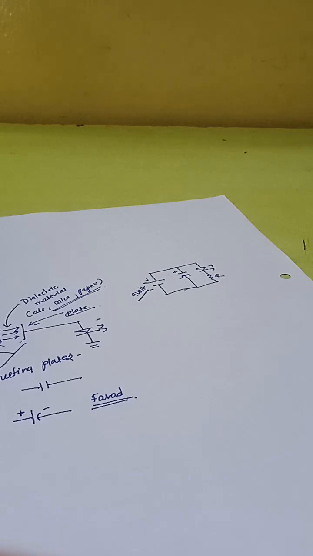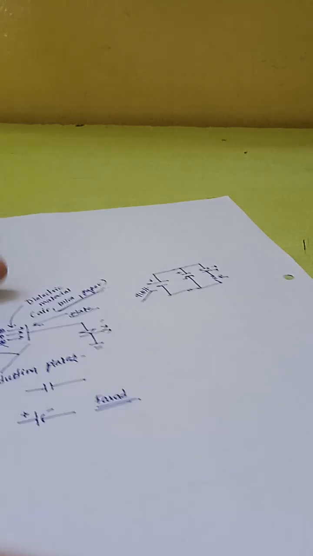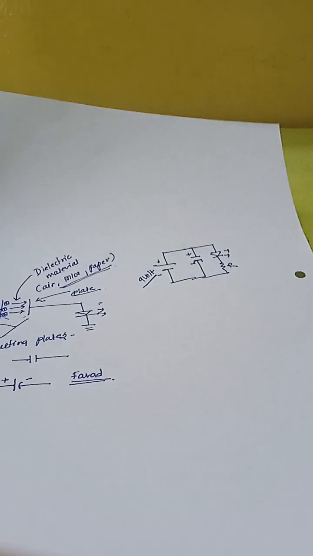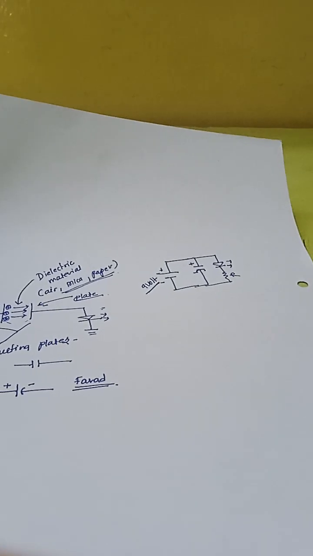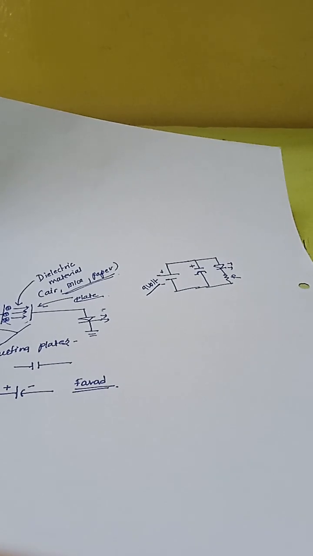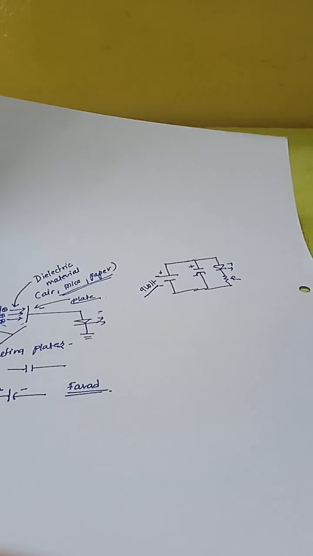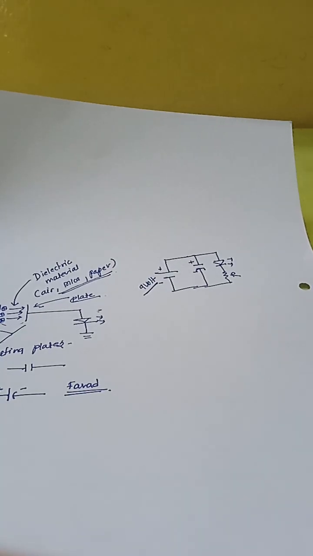Now, what is the main purpose of the capacitor? Its main purpose is to store electric charges. And you know about capacitance, right? Capacitance is the ability of the system to store charges, or the charge required to change the potential difference by 1 volt.